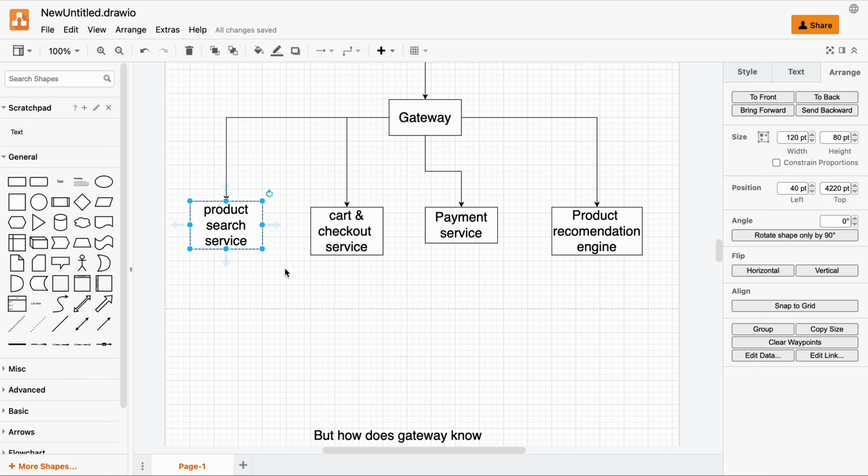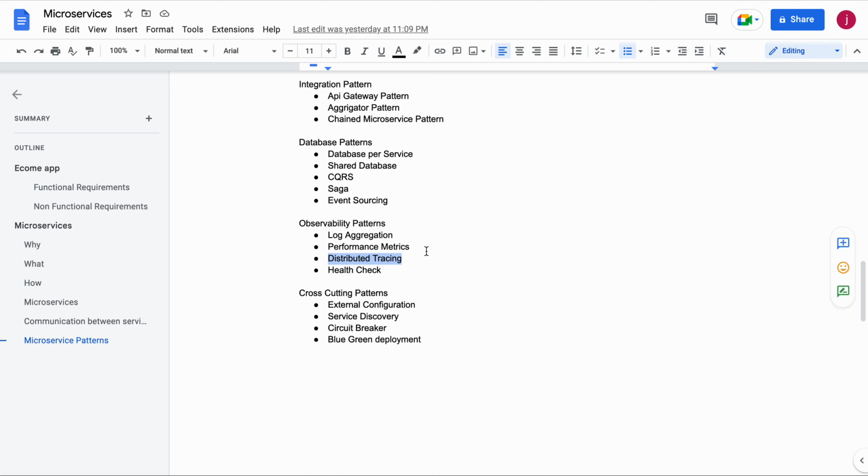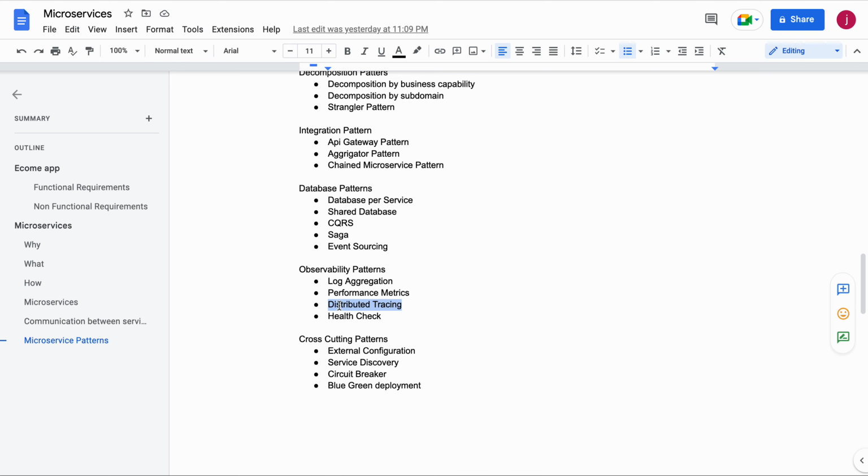To trace the issue, we would be passing a trace ID or key with the request, so that we can use that key to check through the services to understand what's going on. I'm going through all these things quickly. I cannot go in depth, as I have to finish this in a short time.